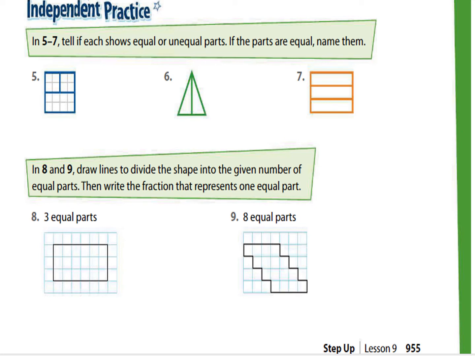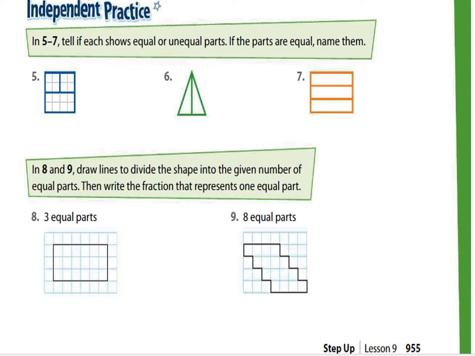Look at question number 6. Do you have equal parts? Amazing, yes. We have equal parts. Can you say the unit fraction or the fraction of one part? Amazing. 1 over 2. Now question number 7.